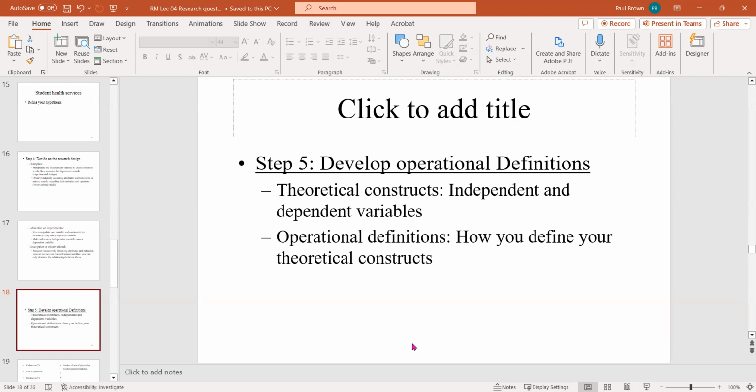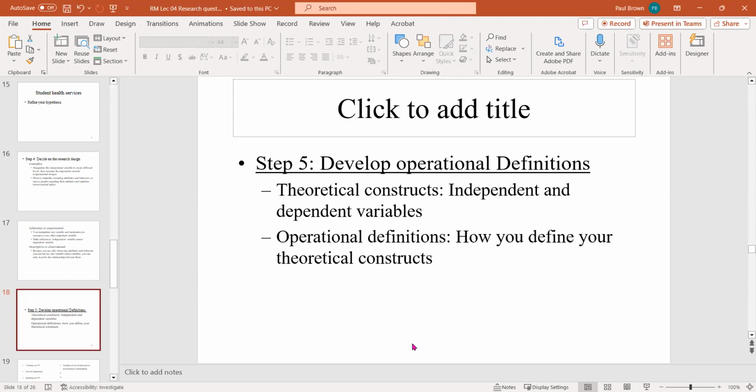Higher ratings of perceived quality. How would we rate perceived quality? How do we operationalize perceived quality? Yeah, we could just ask them, what do you think about the doctors?